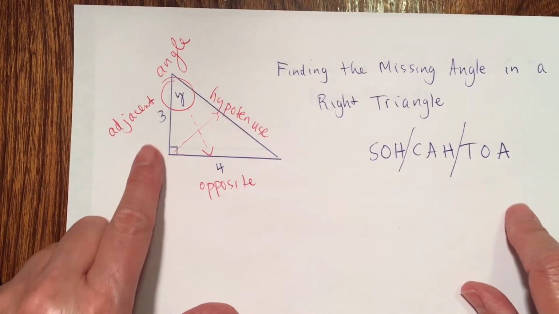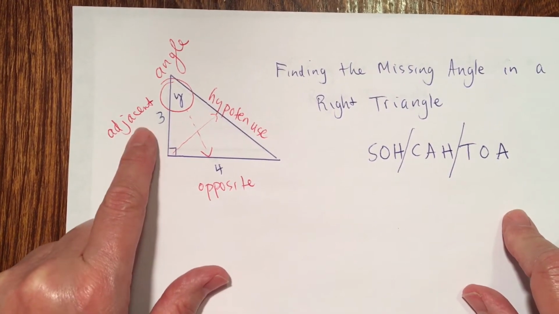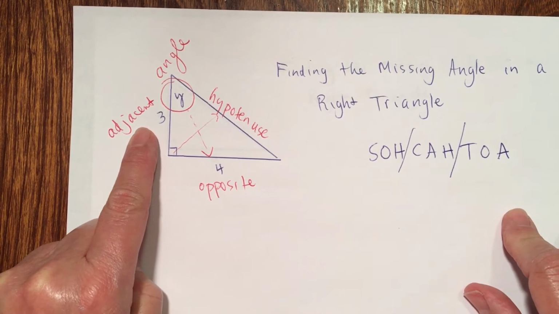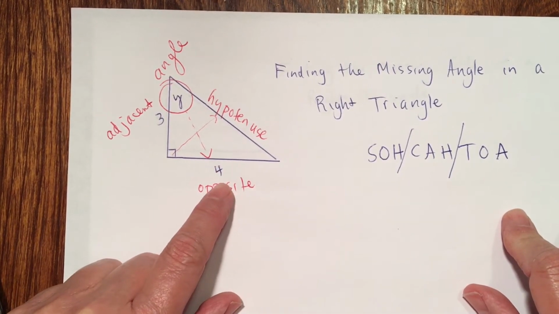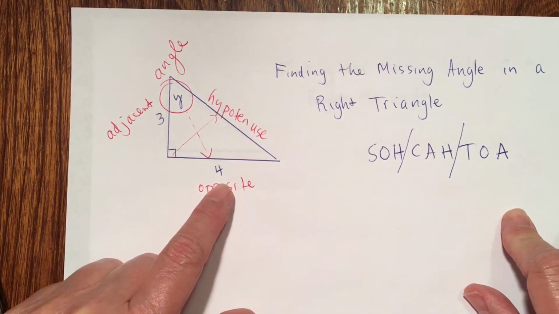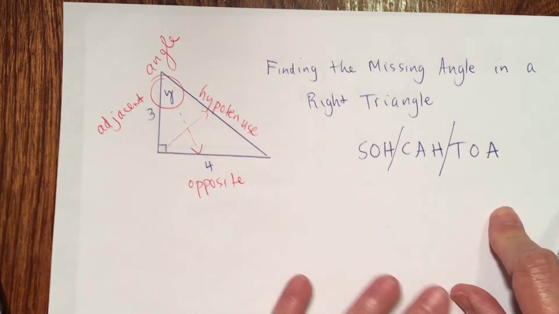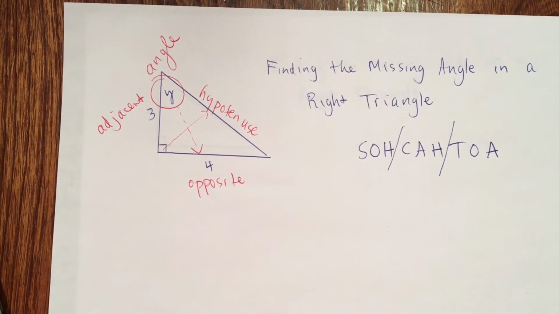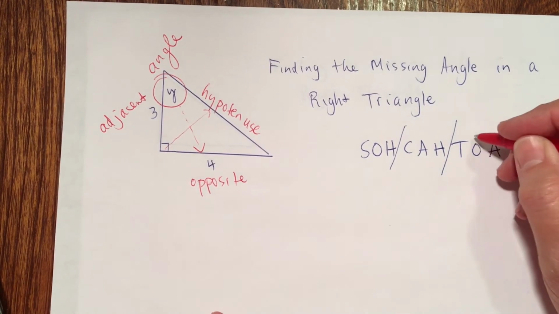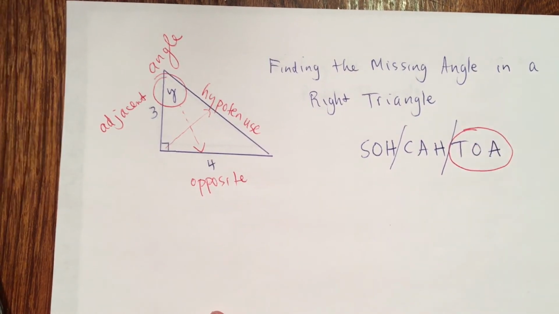As I'm looking at my triangle, I have the adjacent side to Y, I have the opposite side to Y. Well, I think I'm using tangent again because sine and cosine both use the hypotenuse, which I do not have in this problem. So I'm going with tangent.